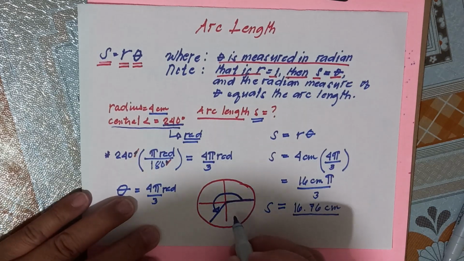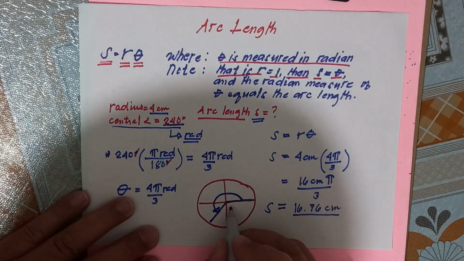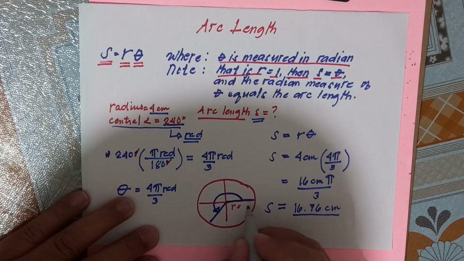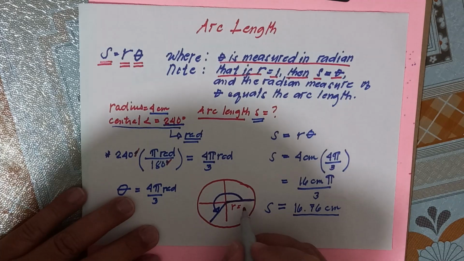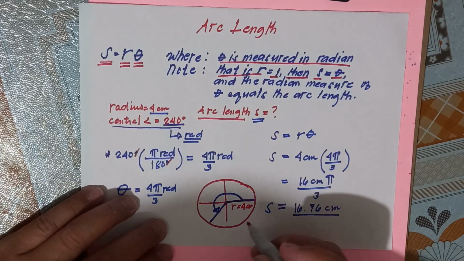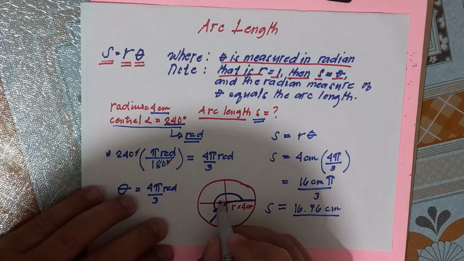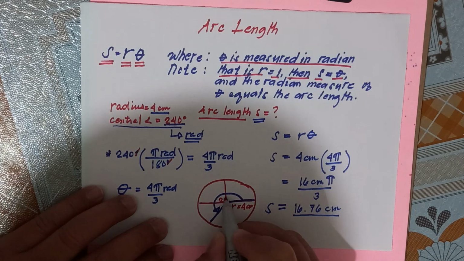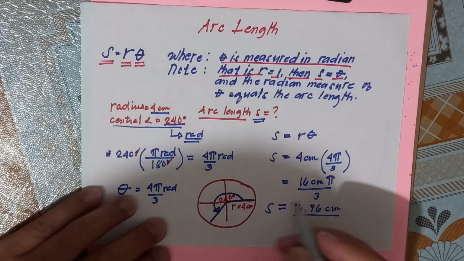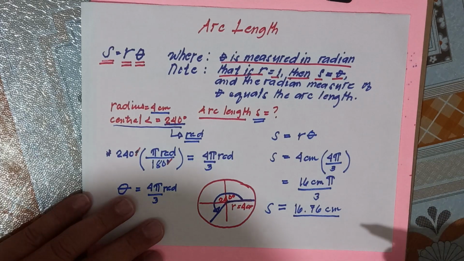Notice that the radius here is r equal to 4 centimeter. The measure of this angle is 240 degrees. Now where is the S that we are talking about?